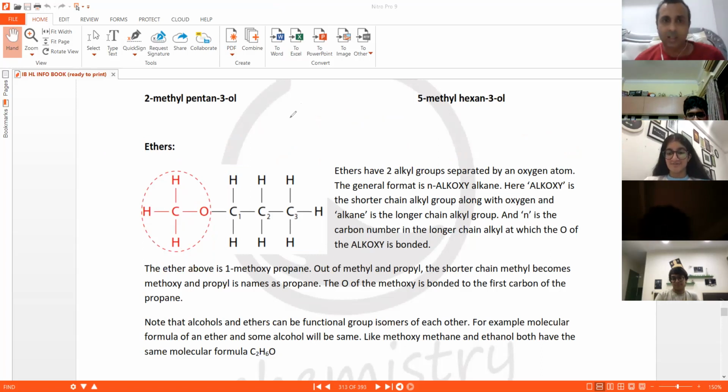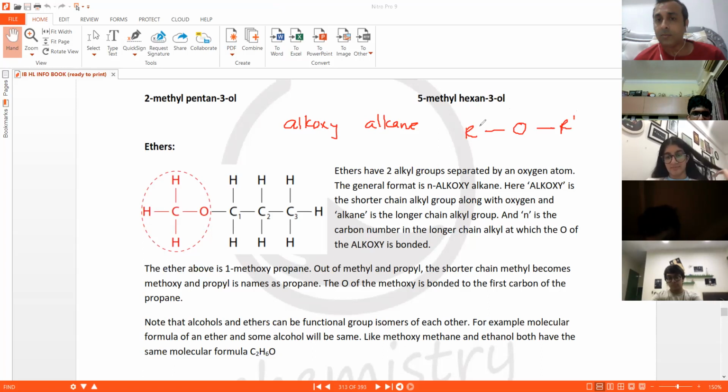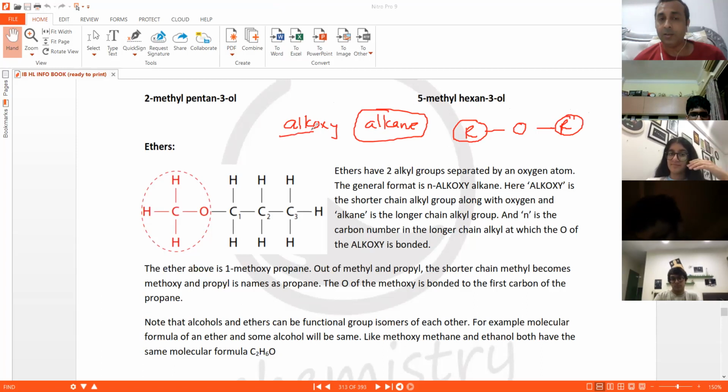The general name of an ether is alkoxy alkane. This is how ethers are named. Now O is bonded to two alkyls, R and R dash. Out of R and R dash, whichever is the longer chain becomes the alkane, and the shorter chain becomes the alkoxy.